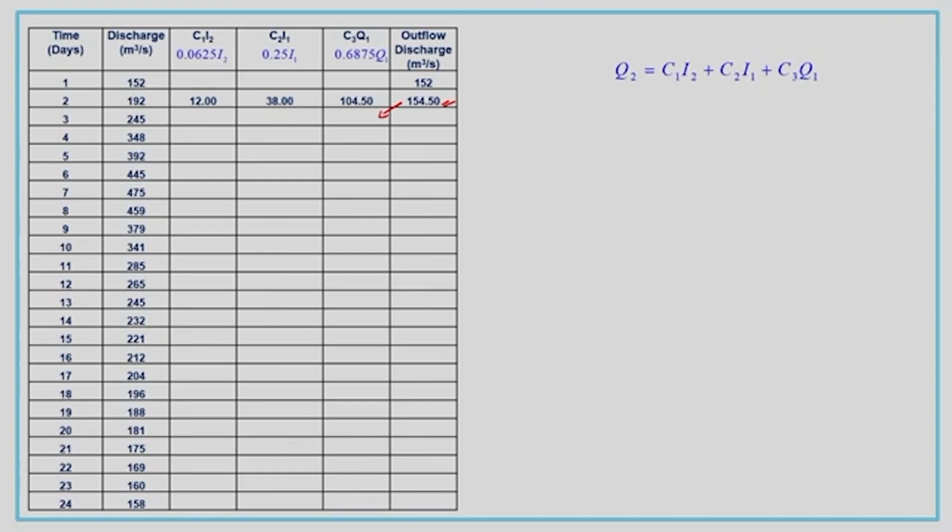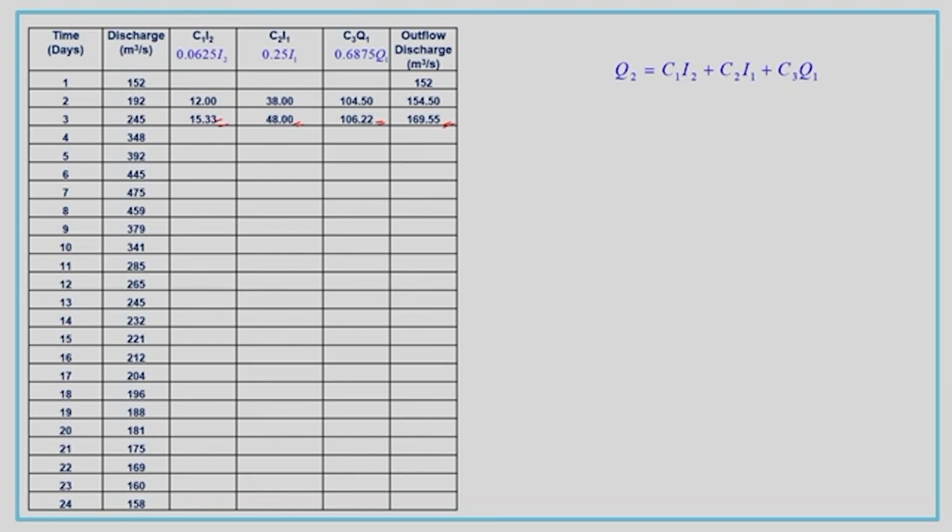So that way we can calculate the values corresponding to the second row, C1 I2, C2 I1 and C3 Q1 given by these values, and the sum will be 169.55. This procedure we will continue till the end of the inflow hydrograph, that is at the time of 24 days.